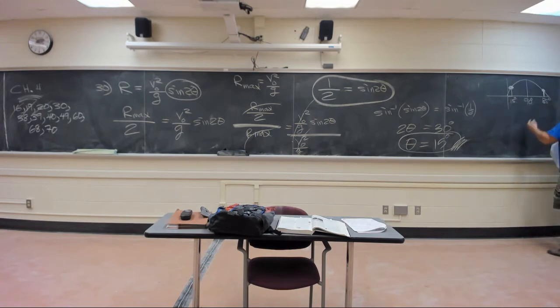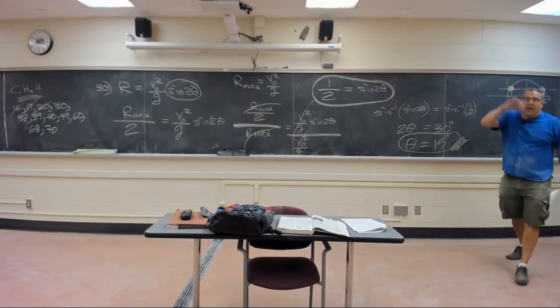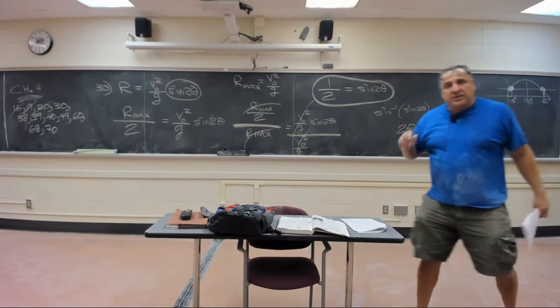Because of the symmetry, this is a horrible drawing on my part, guys, but if you can just use a lot of imagination, you see the way that it goes, guys.